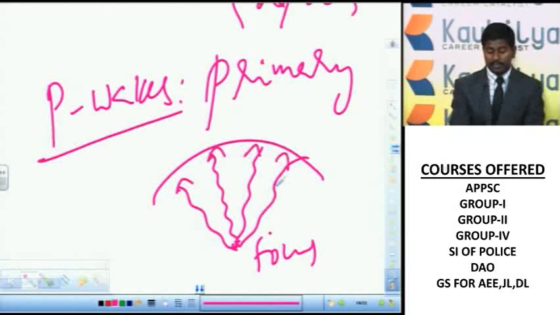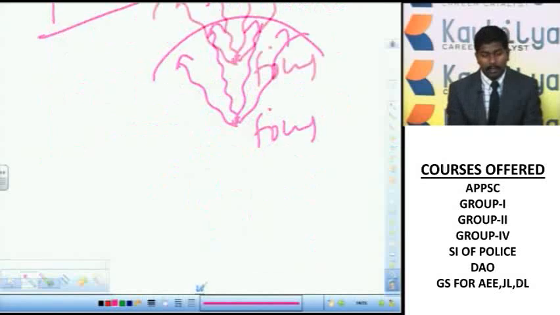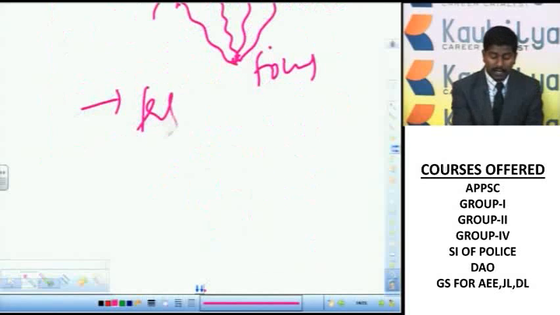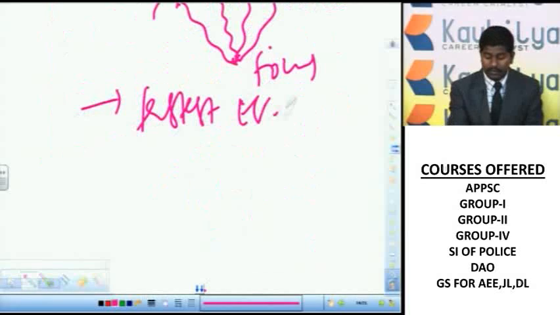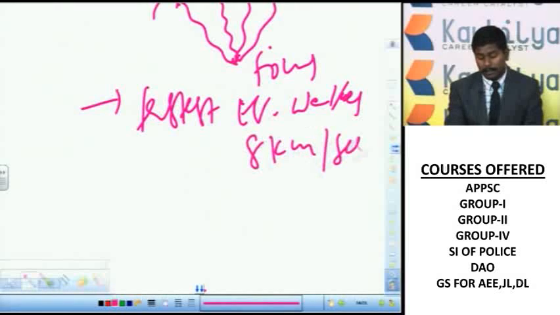That means these P waves are the first to start from the focus, and they are the fastest earthquake waves. The velocity of the P waves is very high, and the average velocity is 8 kilometers per second.